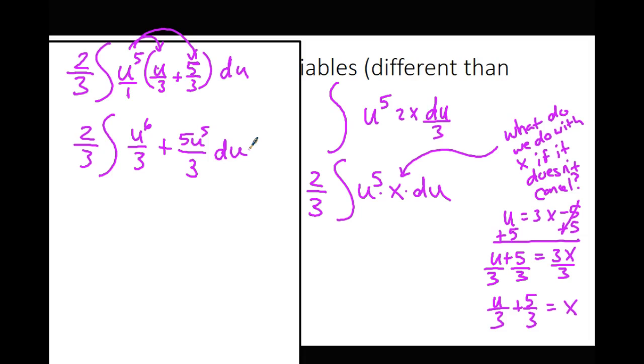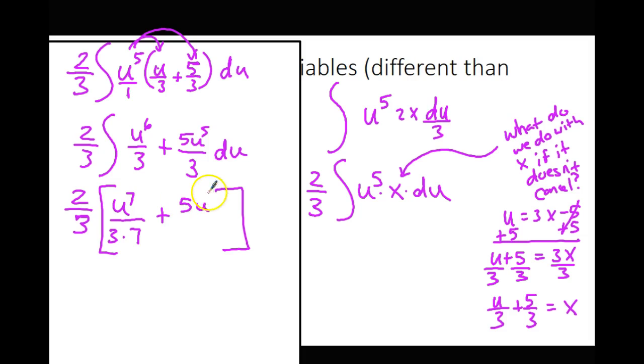Okay, now let's do our integral, right? So, add 1 to your power, and divide by that number. You see how I just put it next to the 3? Okay. Plus, add 1 to your power, and divide by that number, right?